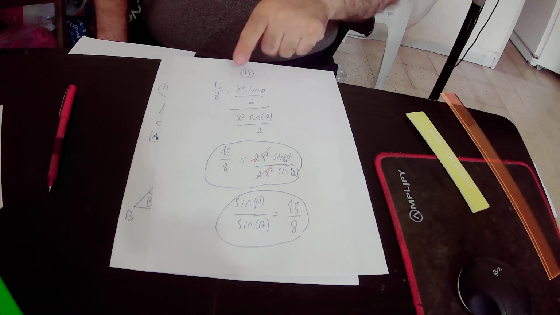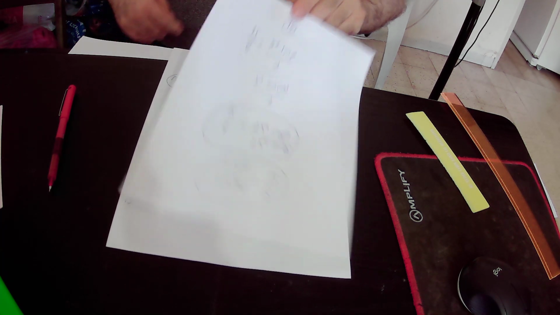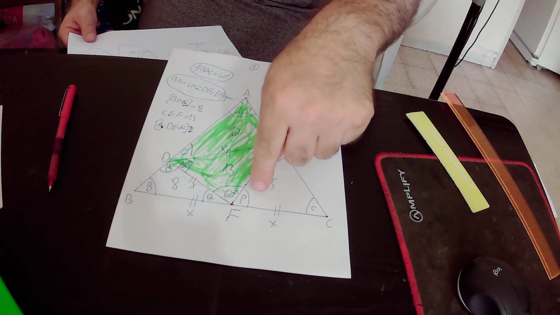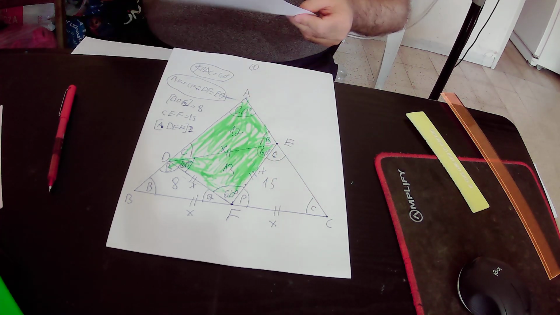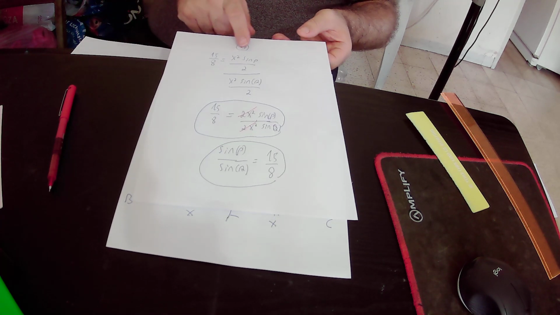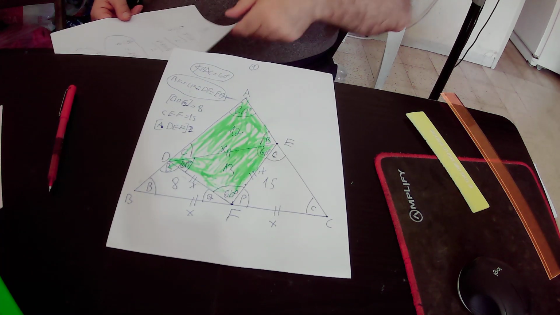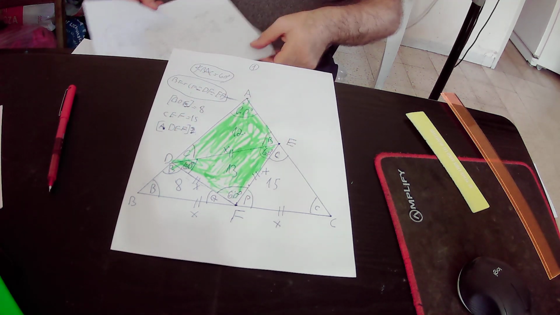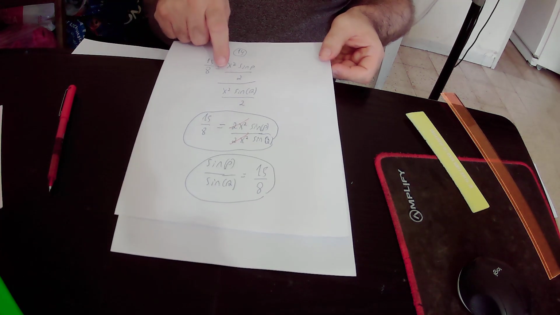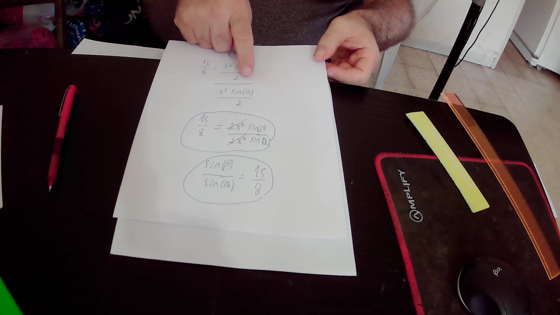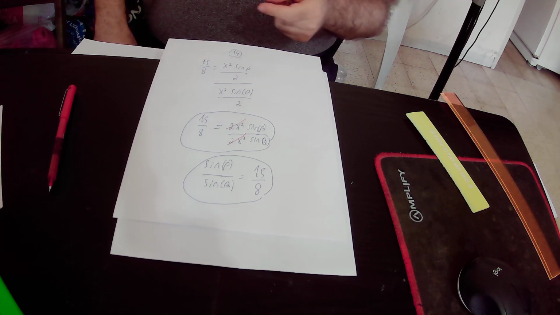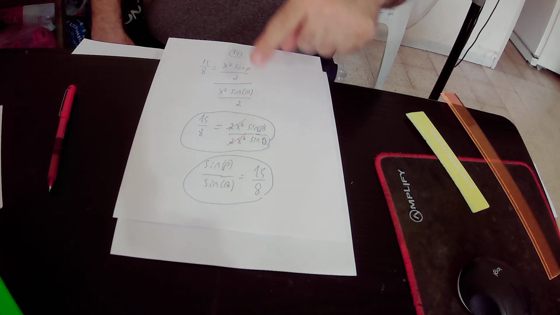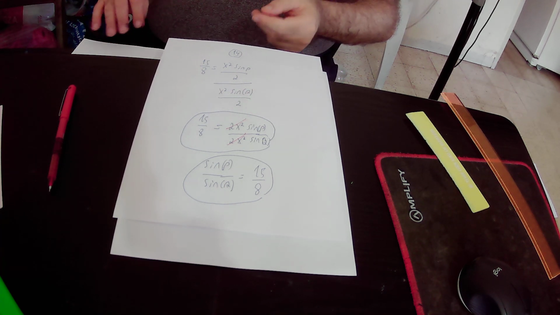The area of the big triangle, according to the formula, equals x times x times sine p over 2, and the area of the small triangle equals x times x times sine q over 2. So in total we found that sine p over sine q equals 15 over 8.